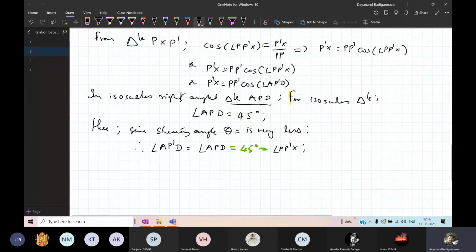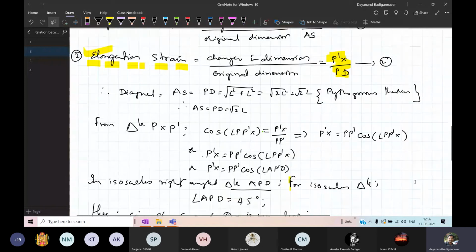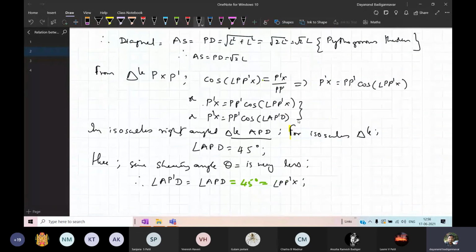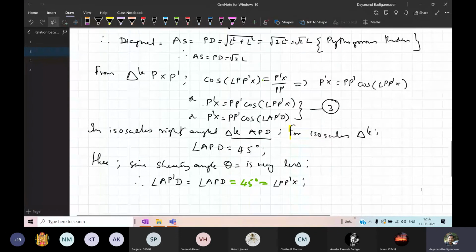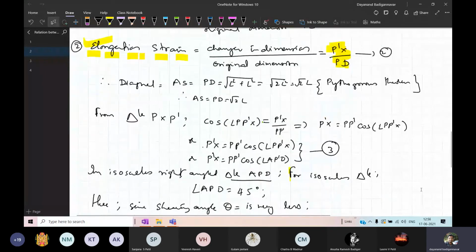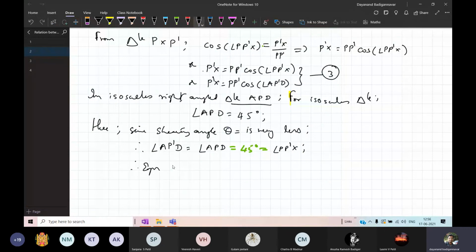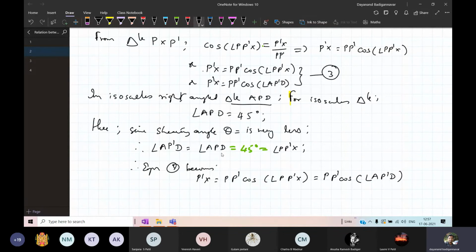So we have evaluated the angle P'X. Now you can substitute it in this equation. This is equation number 3. So equation 3 becomes P'X is equal to P' into cos of angle AP'D. AP'D we have evaluated as 45 degrees.